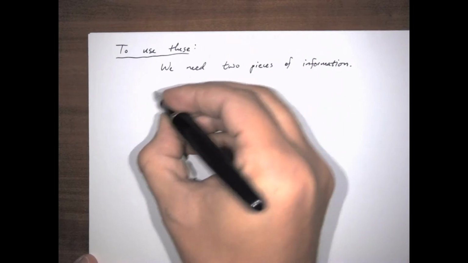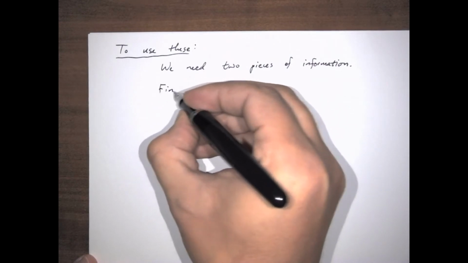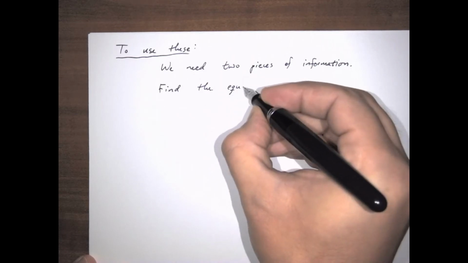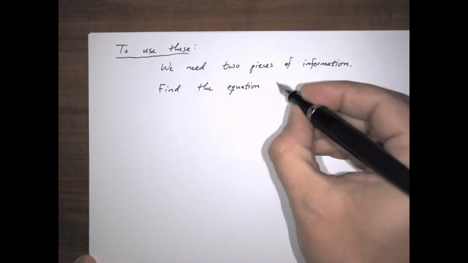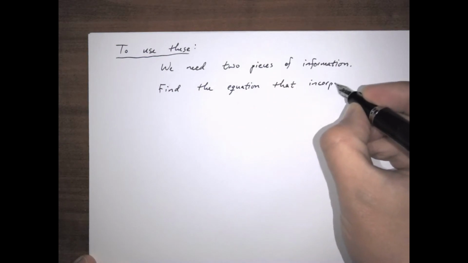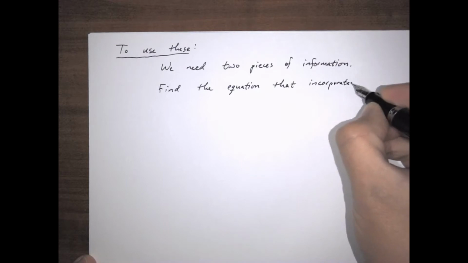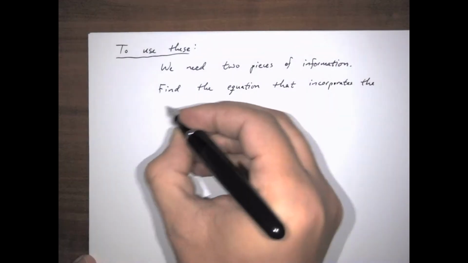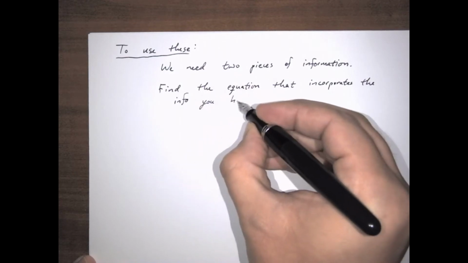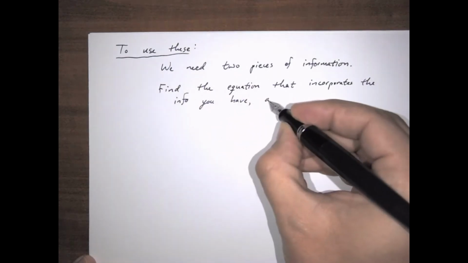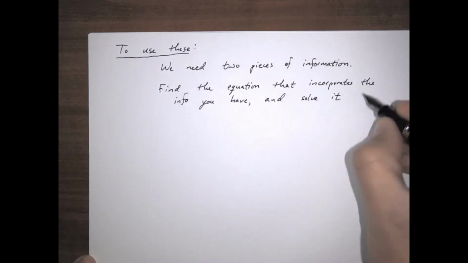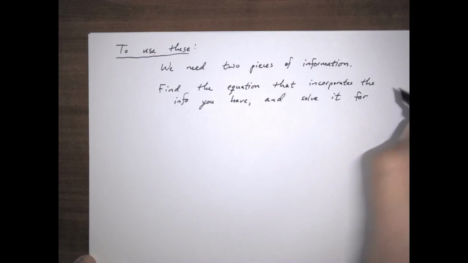So we need two pieces of information. So find the equation that incorporates the info you have and solve it for what you want.